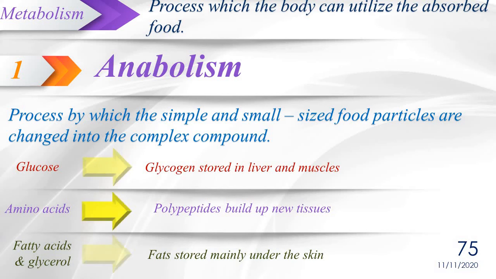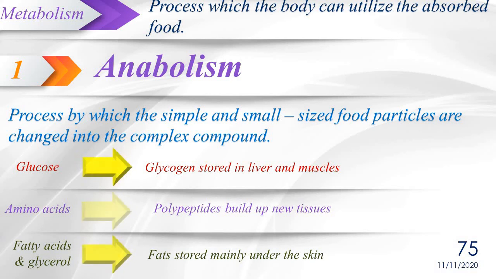Here we talk about metabolism. Metabolism is the use of the absorbed food, either anabolism or catabolism. Anabolism means we use small and simple particles and change them into complex, big particles like glucose. When we make polymerization, it is stored in the form of glycogen inside the liver and muscle.